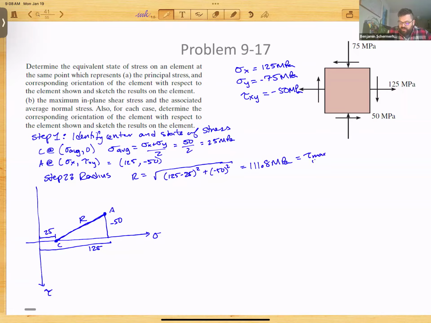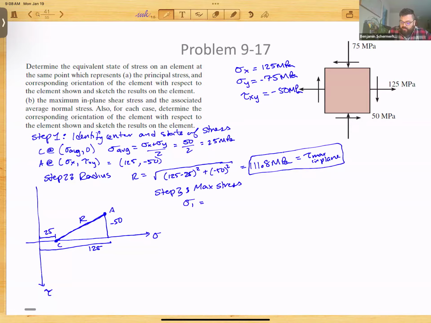So part of part B is already done, right? Because our tau max in plane is our radius. But I want to use that for my principal stresses. So we'll jump into step 3 for our max stress.